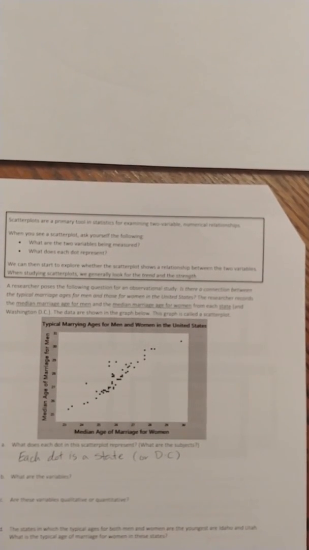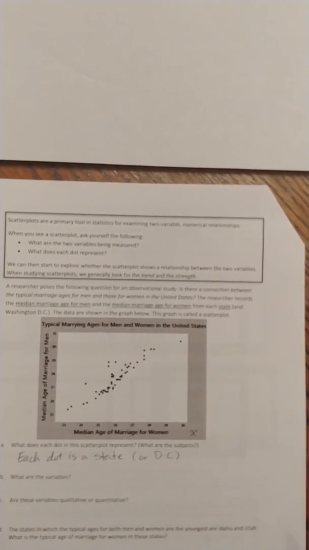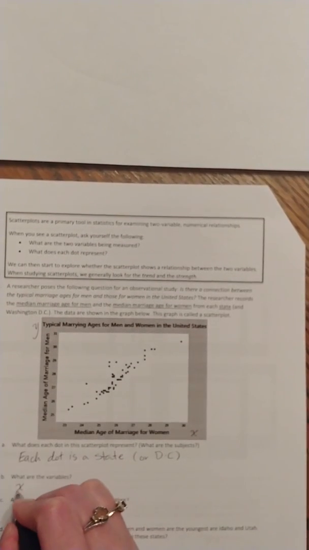What are the variables, right? So here we have to figure out what is our x variable, which remember is our horizontal axis. This is our x variable. And what is our y variable, which is our vertical axis. So let's see.